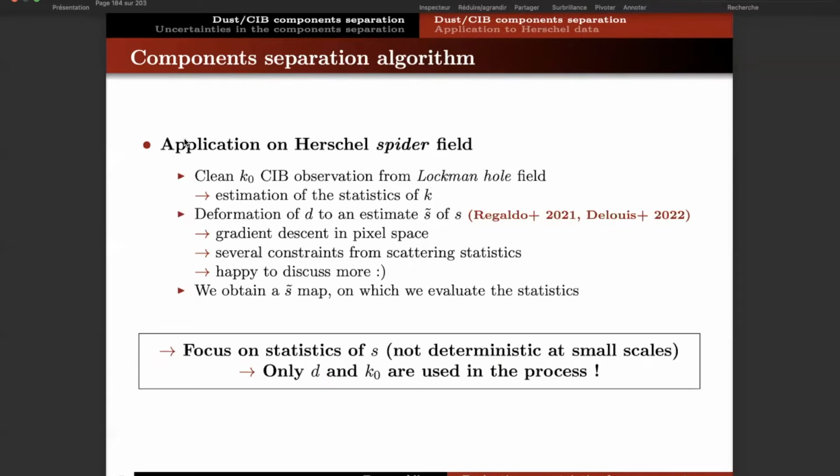Under several constraints, we will deform this proxy of the true dust map to have an estimate of it. At the end, we obtain a new estimate of the dust map on which we evaluate the statistics. So at the moment, we focus only on the statistics of the dust map. At the small scale, we know it's not deterministic. That's something we're working on. And let me remind you that we only use two observations, the Spider field that I showed previously, and the Lockman-Hole field.